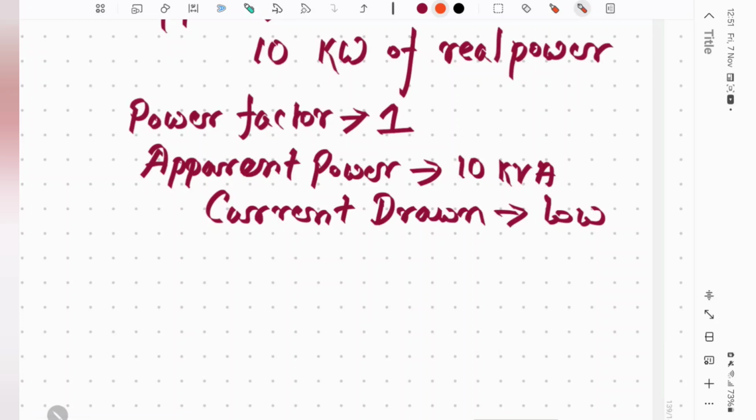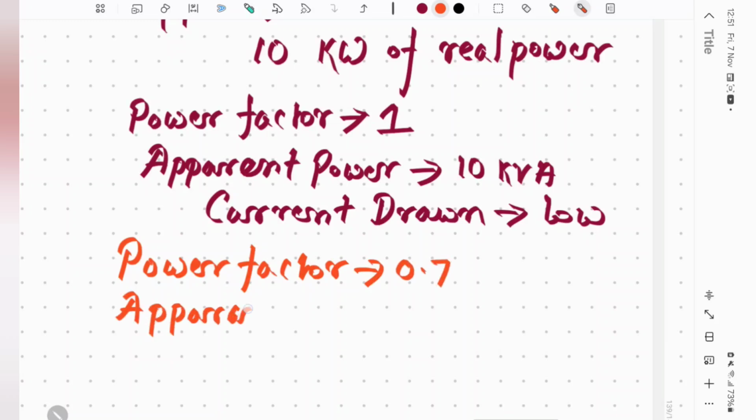Now if we consider the second case, where the power factor is 0.7, the apparent power will be more. It will be 14.2 kVA.